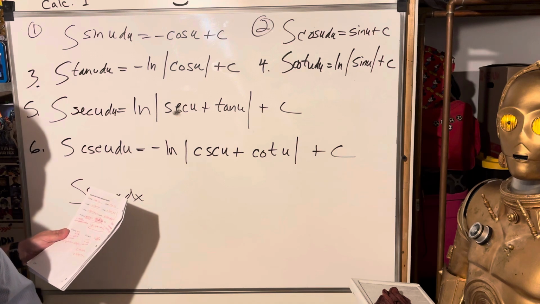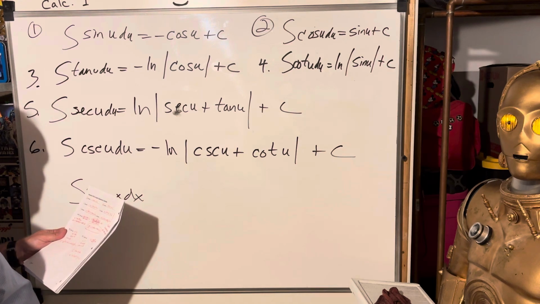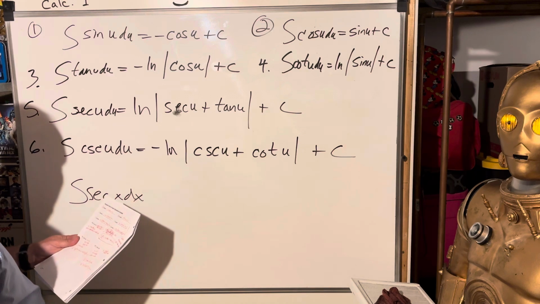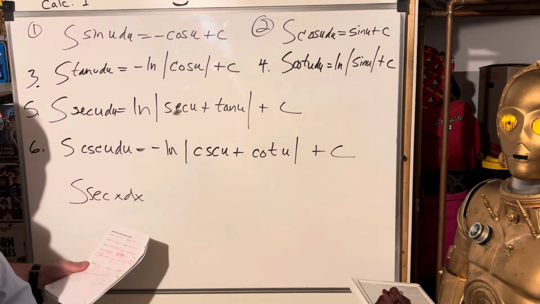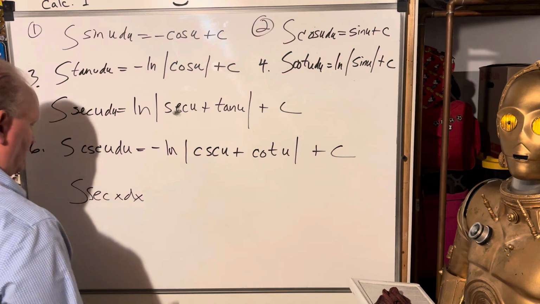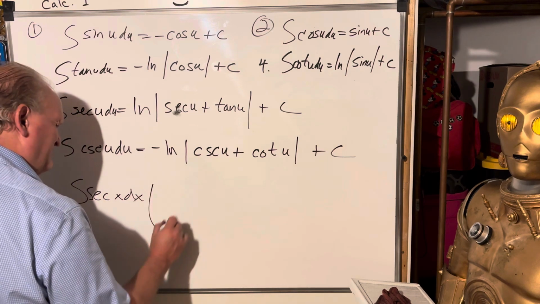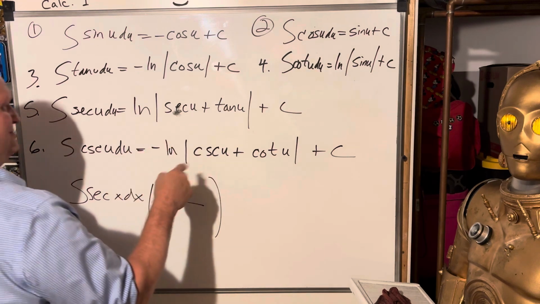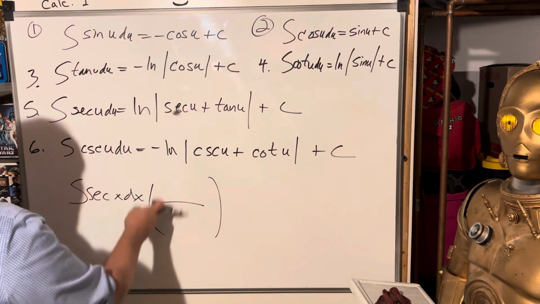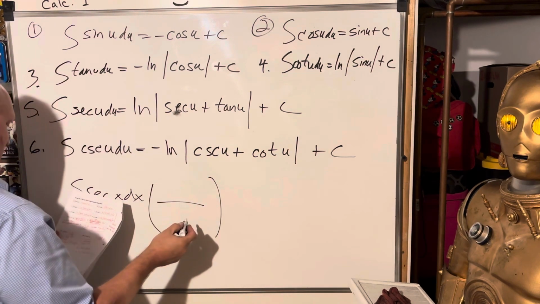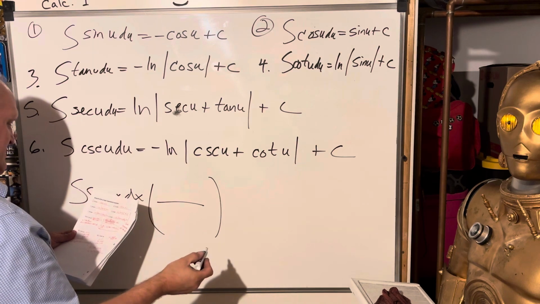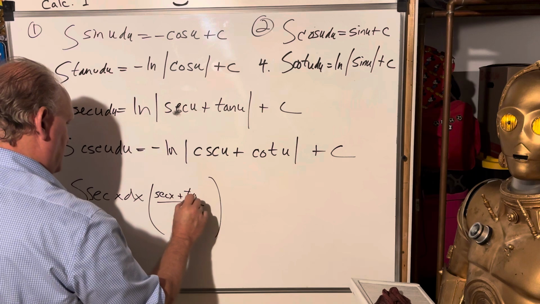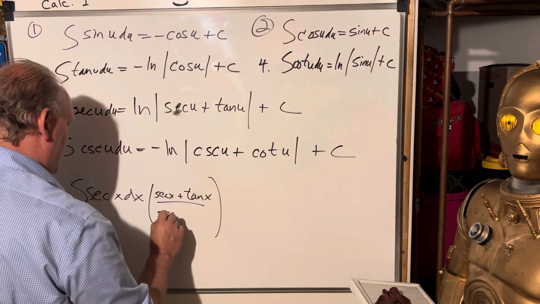All right, I guess not sure what we're doing here. You could multiply top and bottom, if you want to see why this is that. You can multiply both numerator and denominator by secant x plus tangent x.